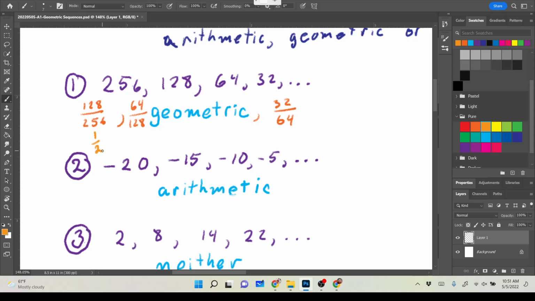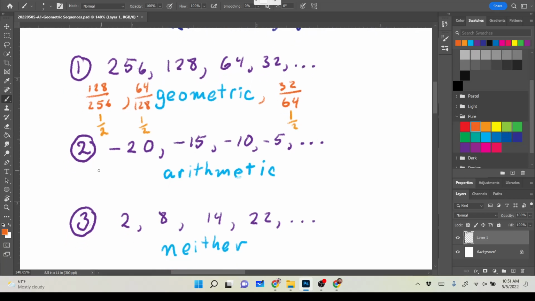What about 64 over 128? 1/2. And 32 over 64? 0.5. So it increases by half? Oh, wait, no, decreases by half.